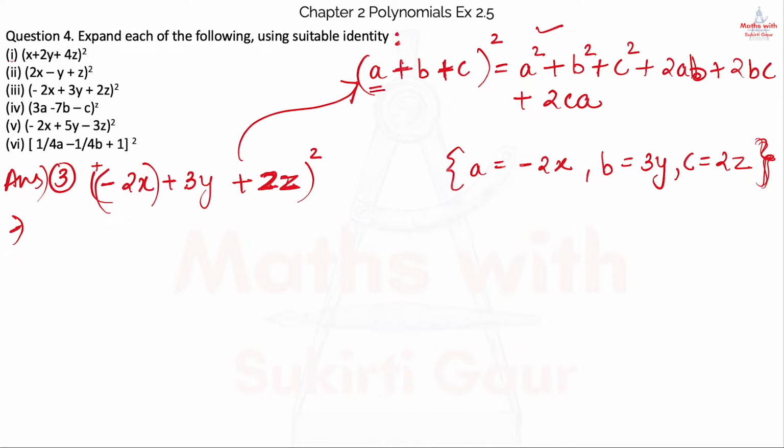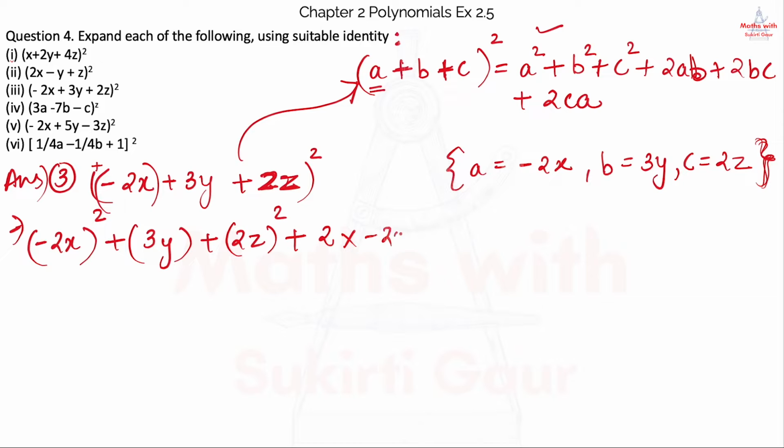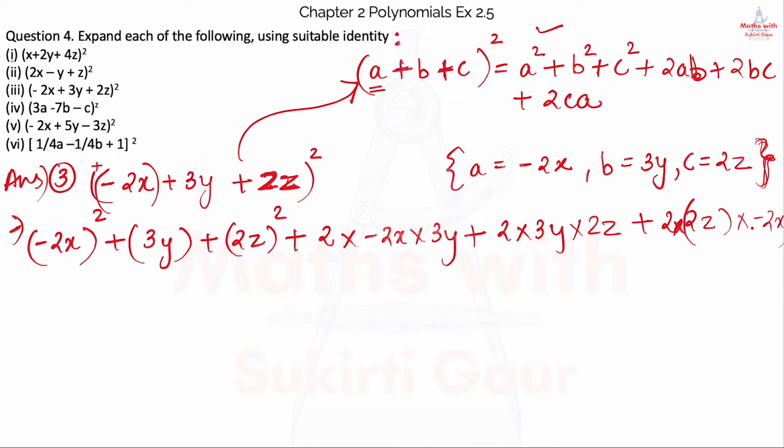Here expand it. a square means (minus 2x) square, plus b square, (3y) square, plus c square, (2z) square, plus 2ab, 2 into a into b, plus 2bc, 2 into 3y into 2z, plus 2ca, 2 into 2z, and here we have multiply, and 2ca, a is our minus 2x.